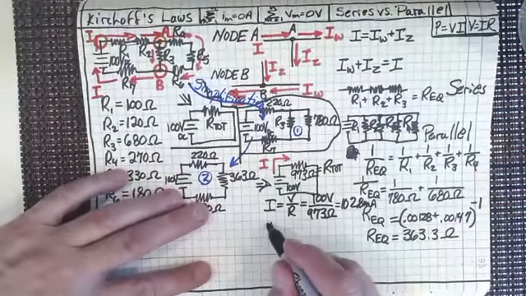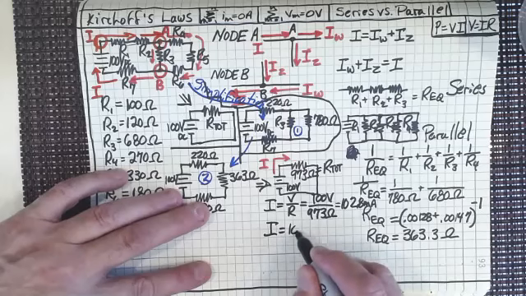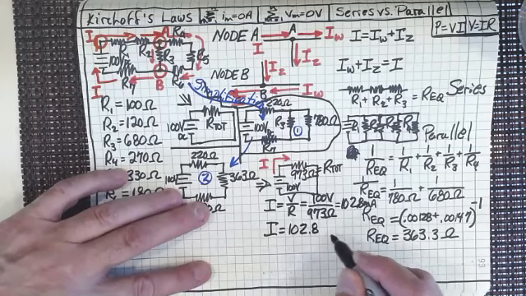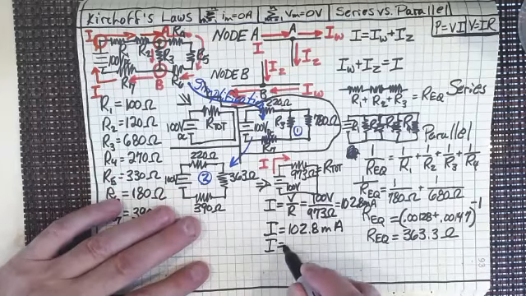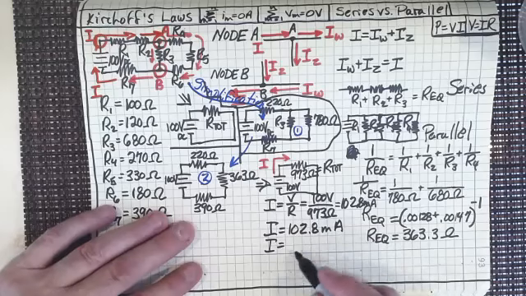So let's write that again. I equals 102.8 milliamps. If I was writing it in amps to use in my calculator, it's 0.102, right?